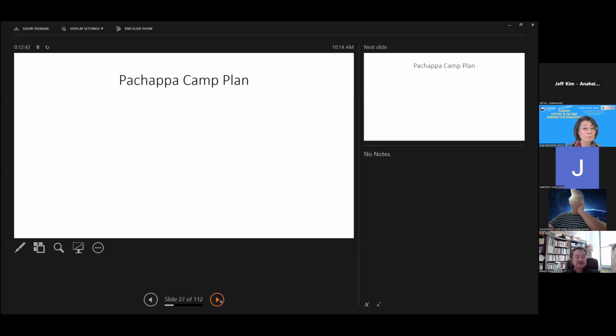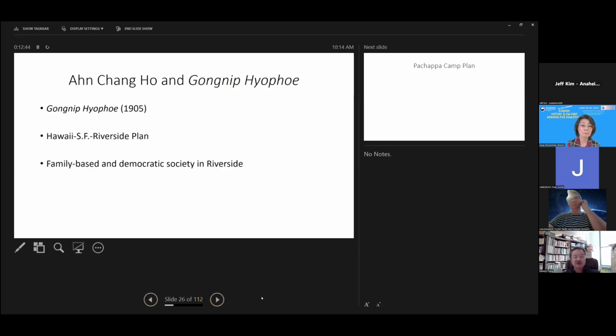One of the most important, remarkable things about Pachappa camp was that it was a family-based and democratically run community. This is remarkable because it began around 1904 and 1905. Korea was still ruled by the King of Korea, Gojong, and it was a monarchy.